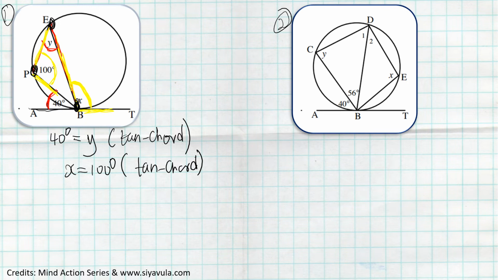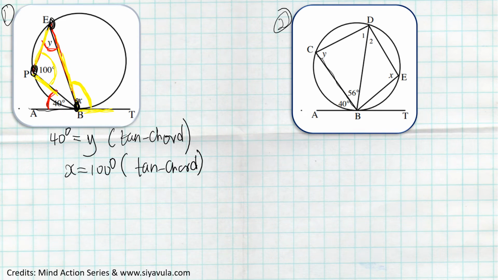Let's move to diagram number 2. They also want you to solve for x and y, right? Okay, so how are we gonna solve for x and y here? Very, very important. Let's look at something here. You have an angle between a chord and a what? And a tangent, right? They told you that ABT is a tangent.